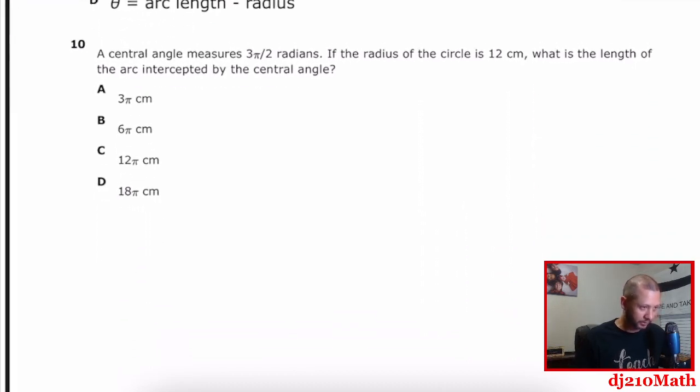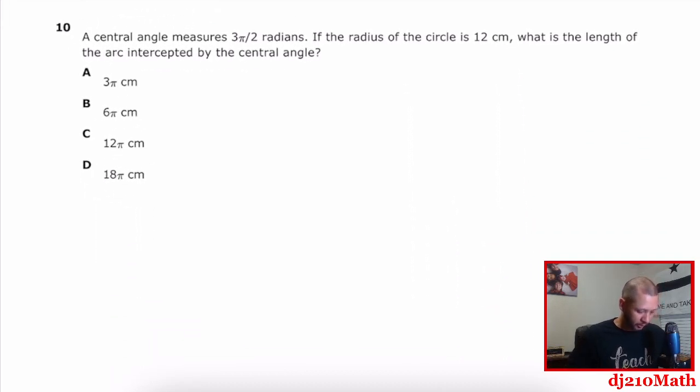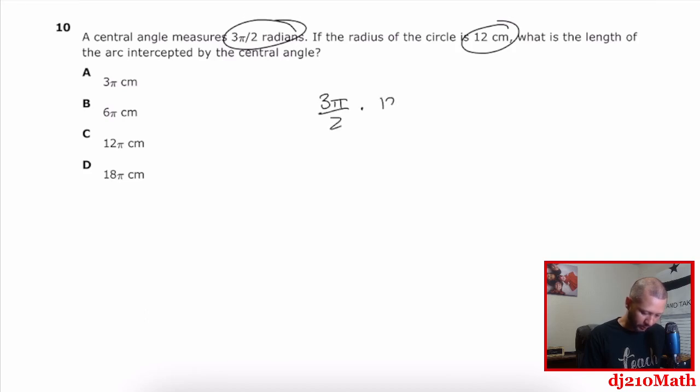All right, last question. A central angle measures 3 pi over 2 radians. So there's my angle. If the radius is 12, what is the arc? So 3 pi over 2 times 12. I feel like this was like the first problem. So this would be 6. 6 times 3 is 18 pi.